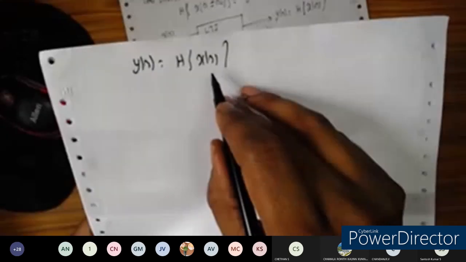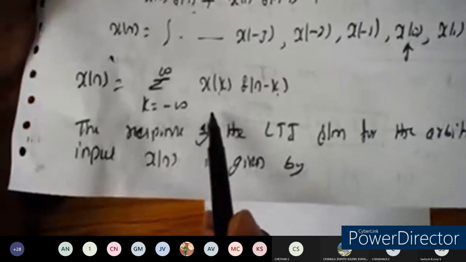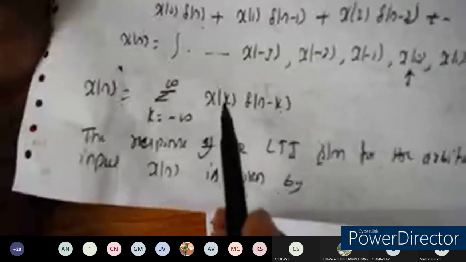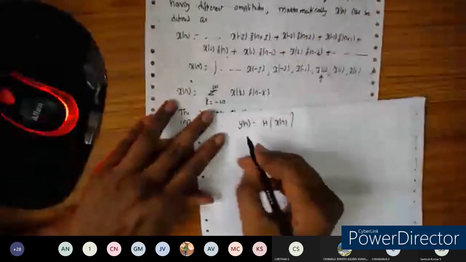Now, in place of x of n, I'm going to substitute the summation expression we got here.